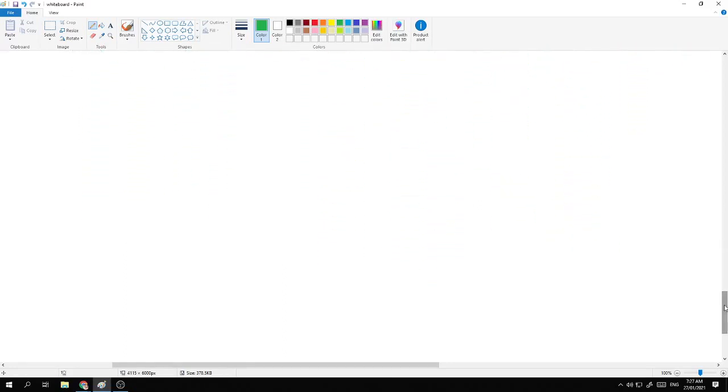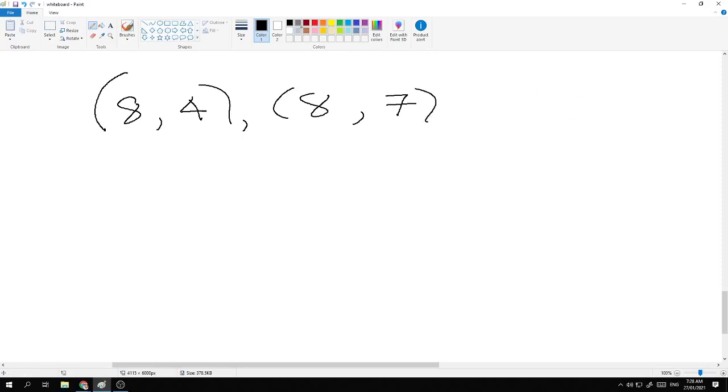Now, let's have another example. What if you're given 8, 4, and 8, 7. Let's write down the formula for the slope. That's m is equal to y sub 2 minus y sub 1 over x sub 2 minus x sub 1.